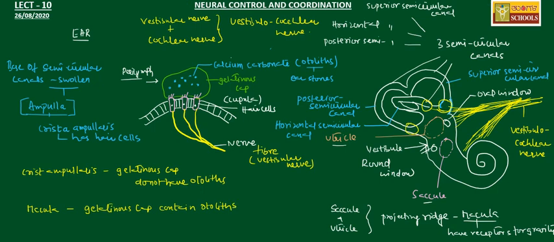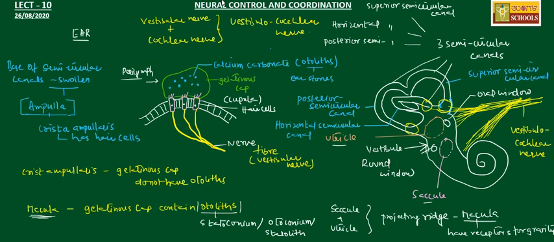We have other names for these otoliths: statoconium, otoconium, or statolith. These are different names for the calcium carbonate crystals embedded in the gelatinous cap, especially in the macula, the projecting ridge present in the saccule and utricle.